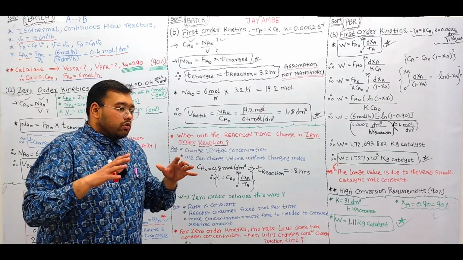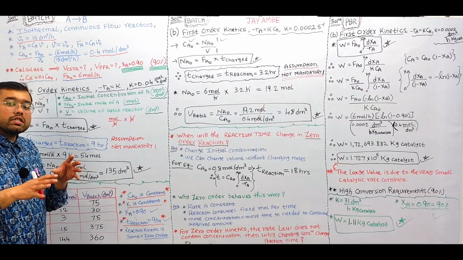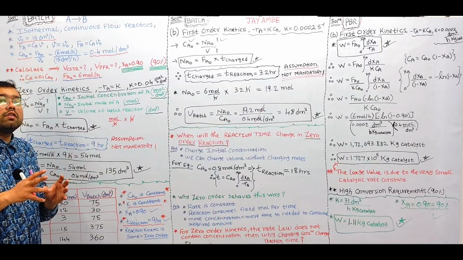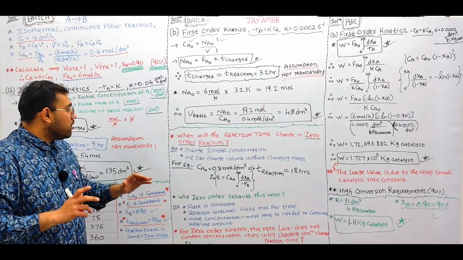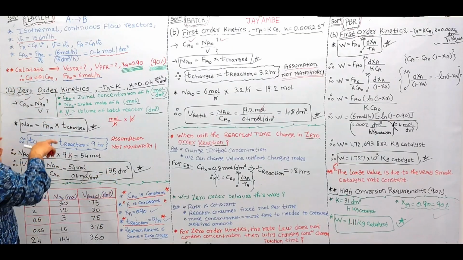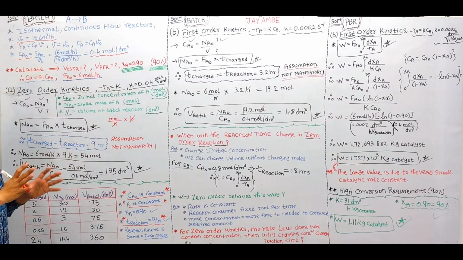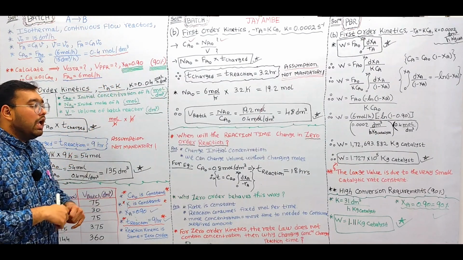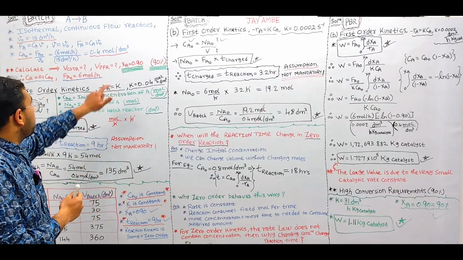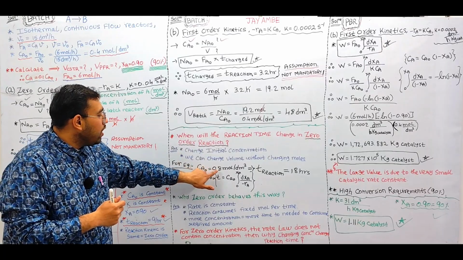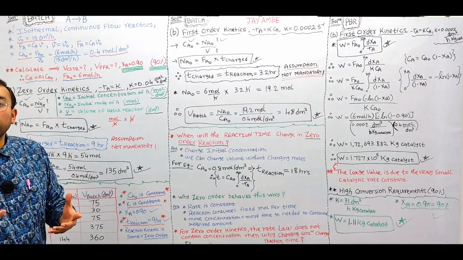The answer to the question is: by changing the initial concentration, we can change the reaction time. So how? We'll understand that. Let's say initially we have the initial concentration of 0.4 moles per cubic decimeter present in the reaction environment of the batch reactor. Now, what if I increase the initial concentration from 0.4 to 0.8 moles per cubic decimeter? Then what will be my reaction time?